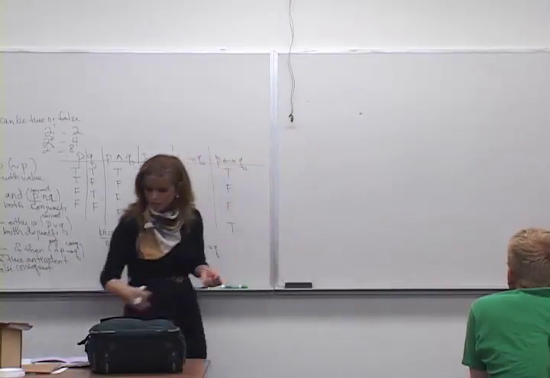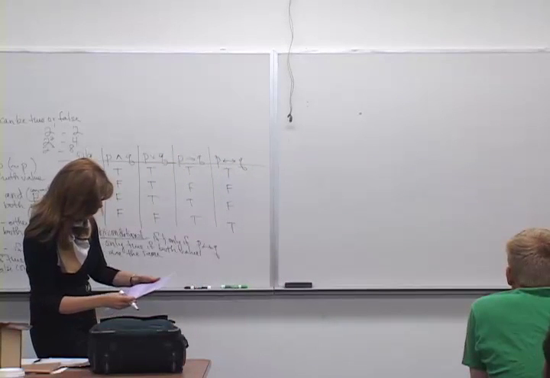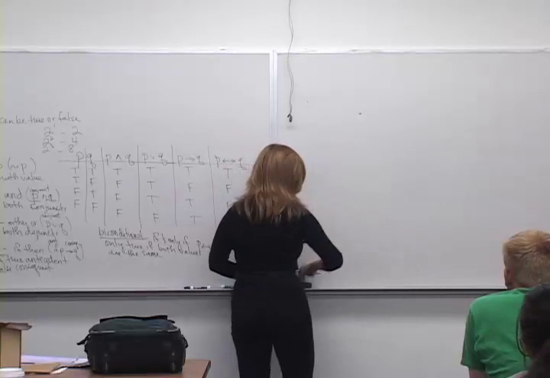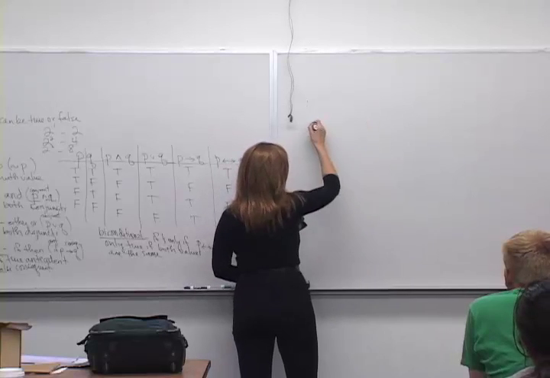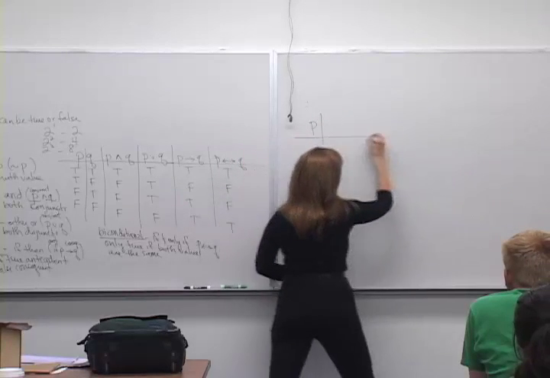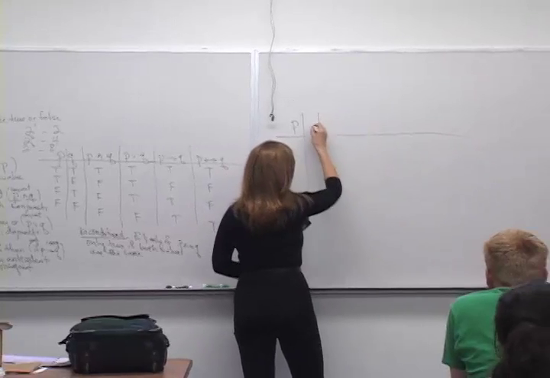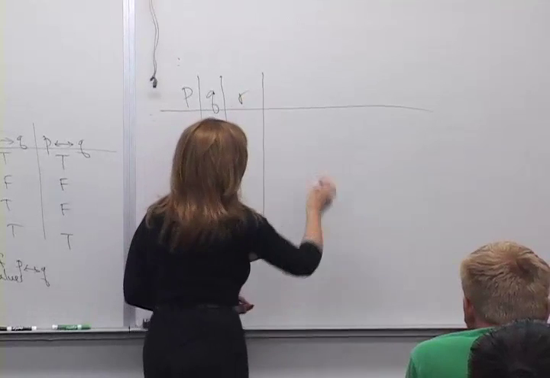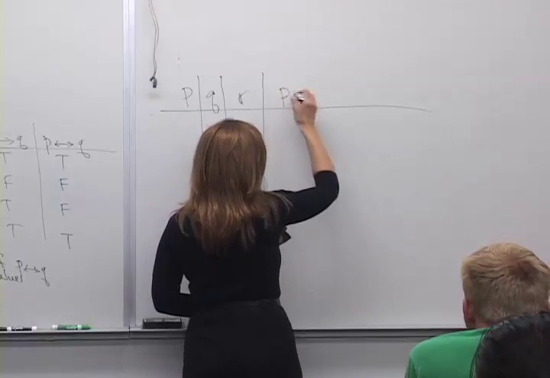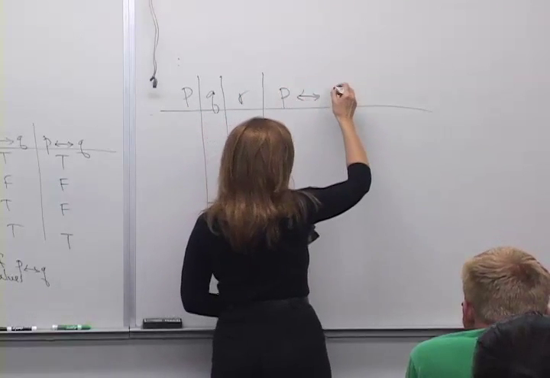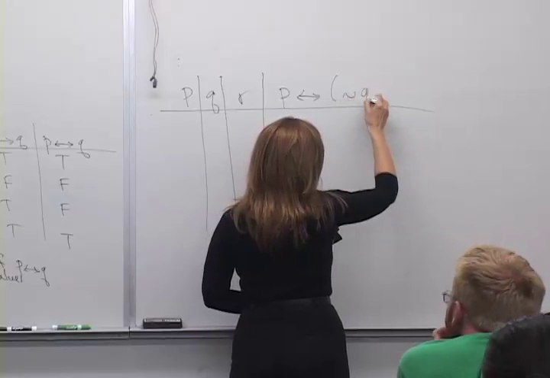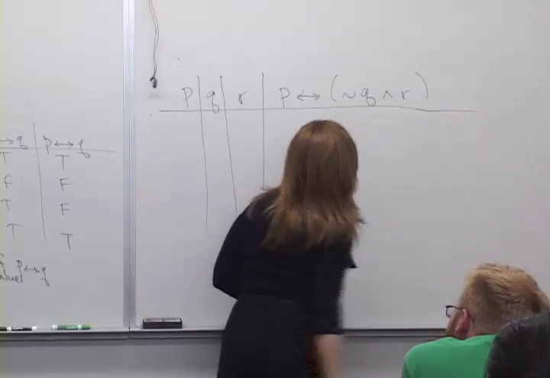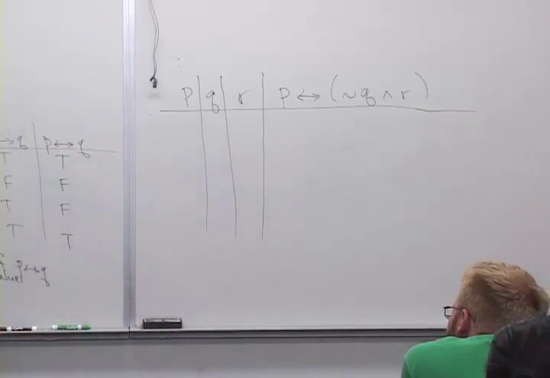Let's say we have P, Q, and R. And let's say our proposition is P, if and only if, not Q and R. Okay, let's say that's our proposition.